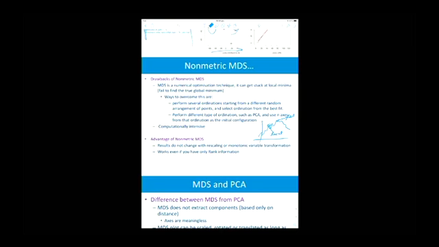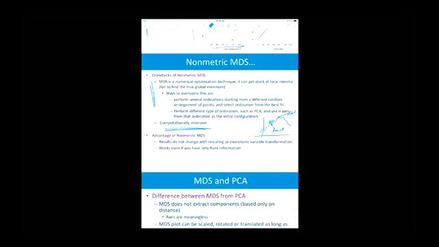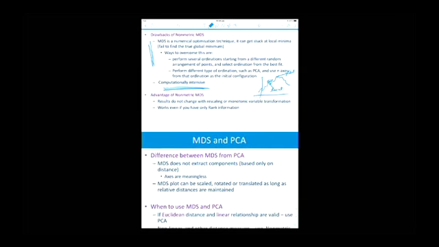And you can figure out, okay, which one is giving the lowest stress value, or which one is giving the better curve for the Shepard plot. Okay? So that is the procedure to actually reach the global minimum in this case, because we are minimizing the stress value. So that is one of the drawbacks in this case, and obviously it is computationally intensive because of that procedure.